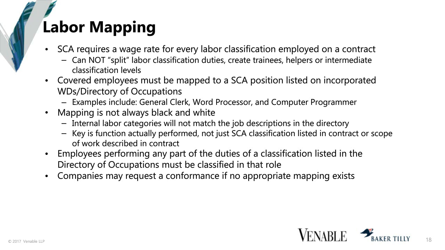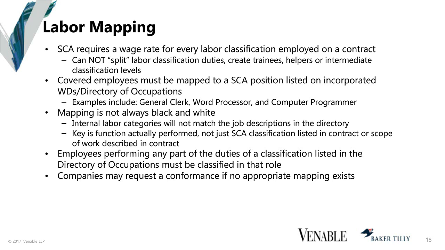General clerk and word processor are common examples, and you might see general clerk level 1, level 2, or level 3, which is a common way the directory will classify basic, intermediate, or advanced experience or skill levels for employees.